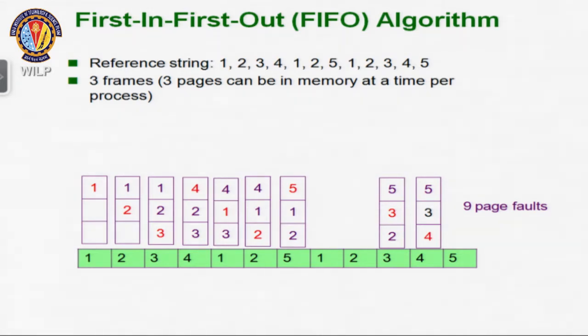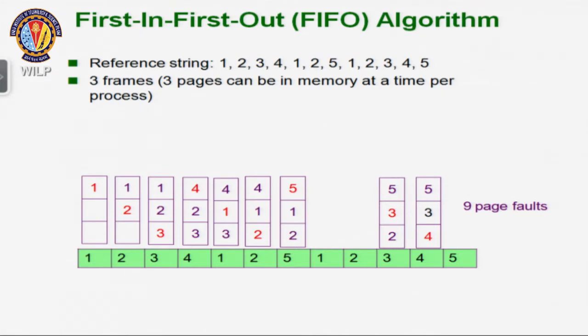One would also need to decide right in the beginning, when we are talking about load on demand, what is the minimum number of frames that should be allocated to every process? For the time being, take it from me that the minimum number of frames allocated to a process depends on the instruction set architecture. I will describe why this is the case after 2 or 3 slides.